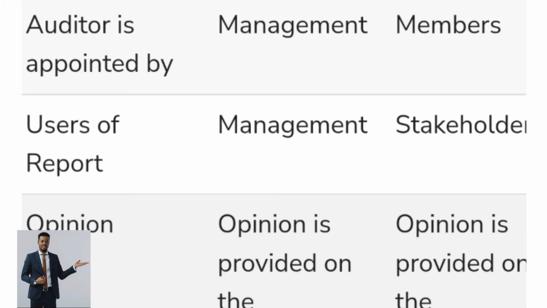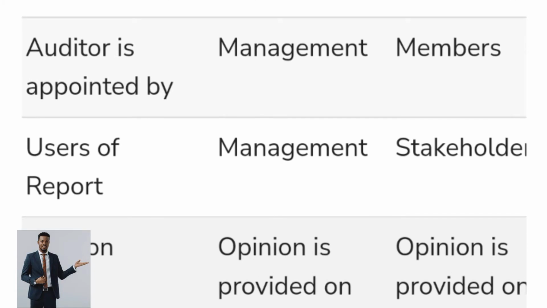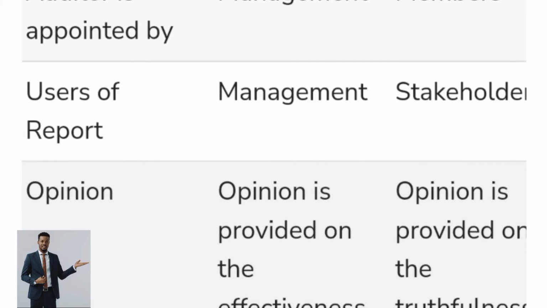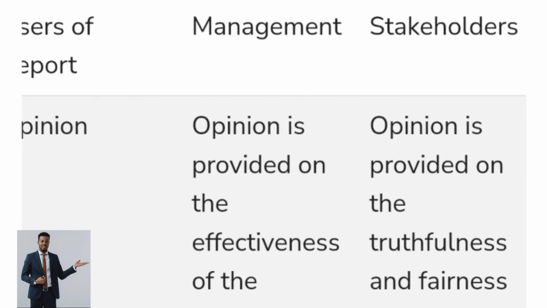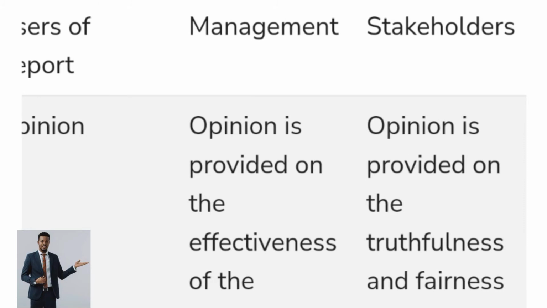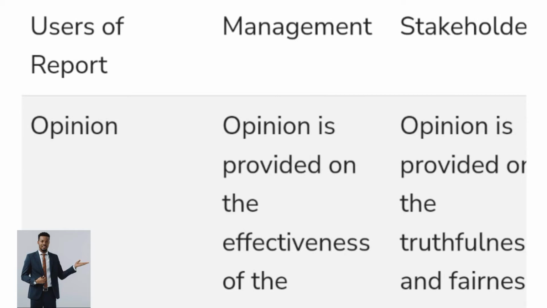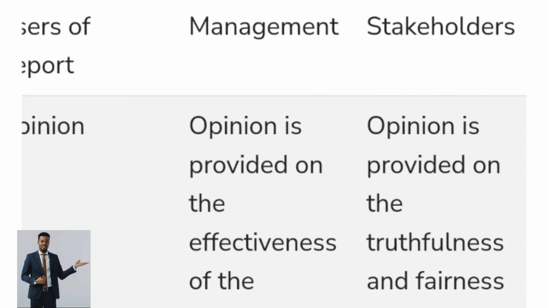Appointment: internal auditors are appointed by the management of the company, whereas the external auditor is always appointed by the shareholders of the company. The user of the reports: the internal auditor reports to the management of the company. They are hired by the management, therefore they report to the management. And the external auditor is hired by the members or shareholders, therefore they report to the stakeholders and the shareholders.